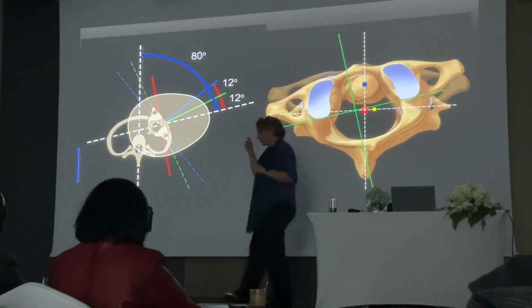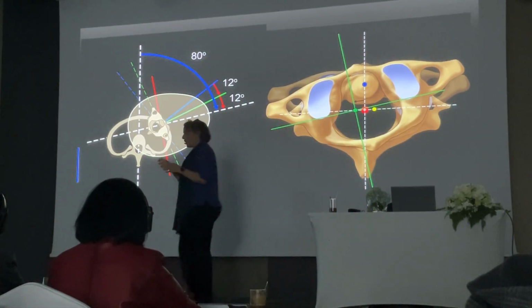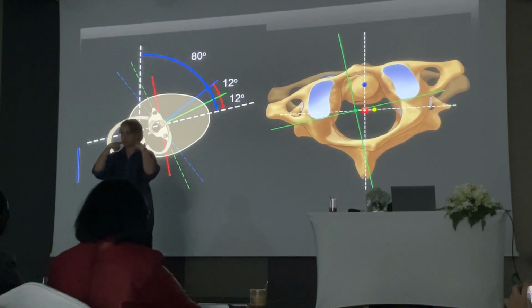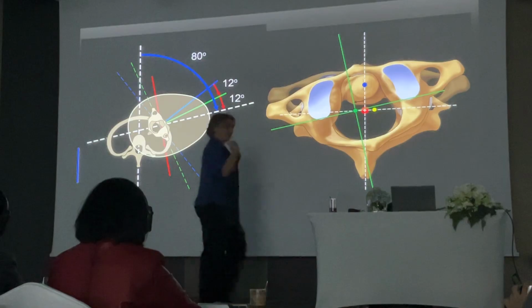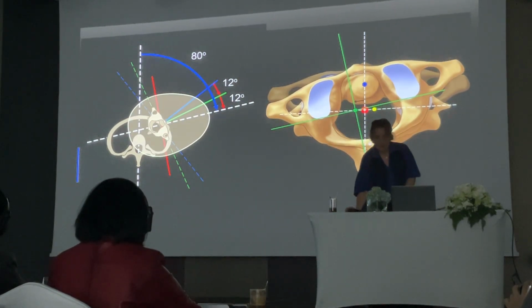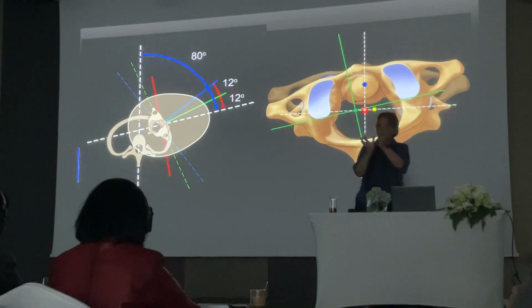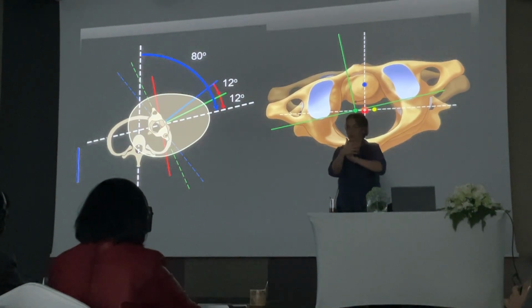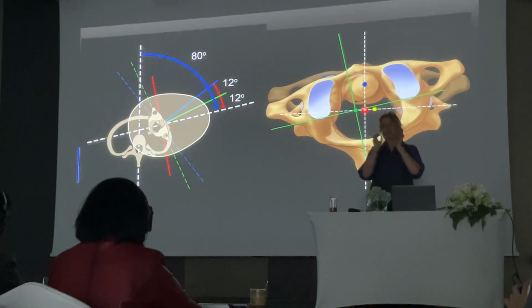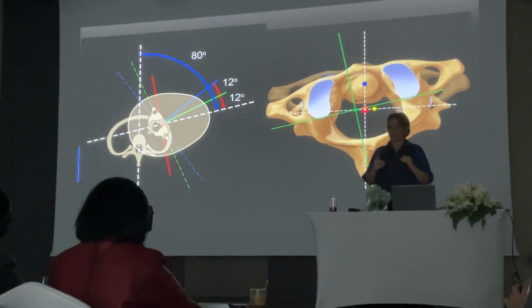Sometimes you can have a subluxation of C1. Many people do have subluxation of C1, meaning that C1 is rotated because of malpositioning. And that rotation creates a little cant in your entire face. So just something to think about.